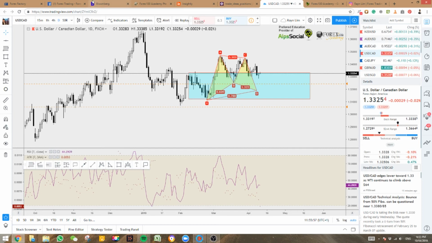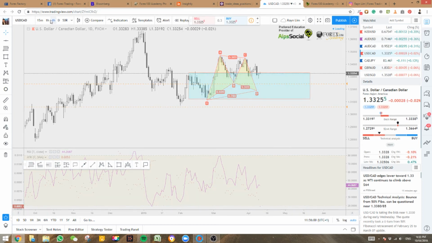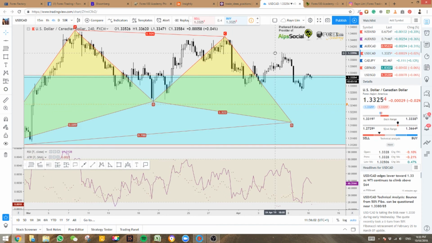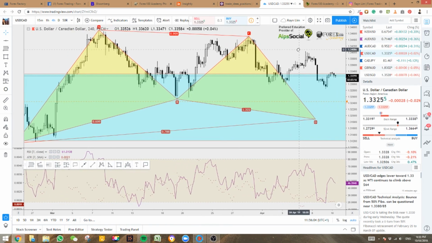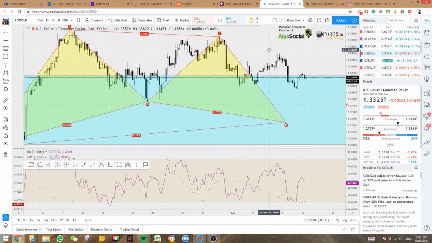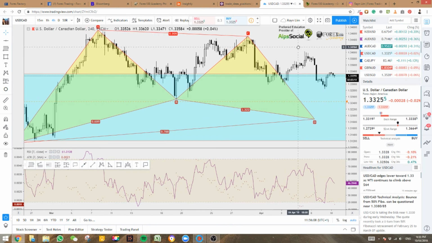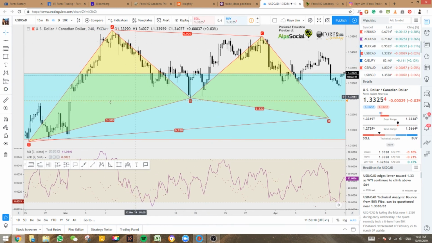Yep. So head down to the 4-hour chart. This is what I have over here. Just now we did say that there is a harmonic pattern, you see. True enough, harmonic pattern over here. Alright, completing at 1.3189.